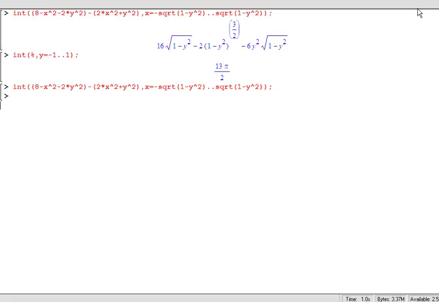And now I'm going to do it with respect to y first, then I'm going to integrate that with respect to x. I should get the same answer, and I do.